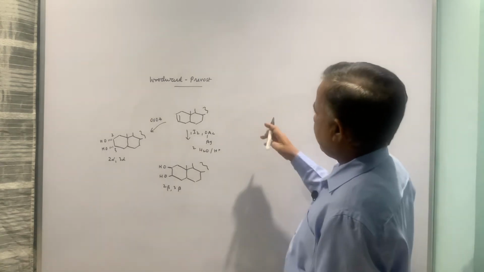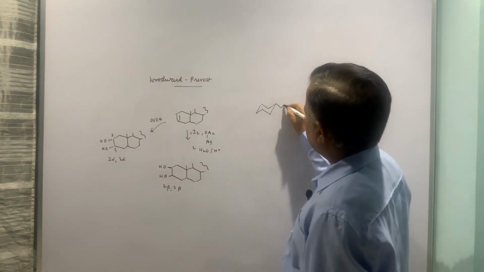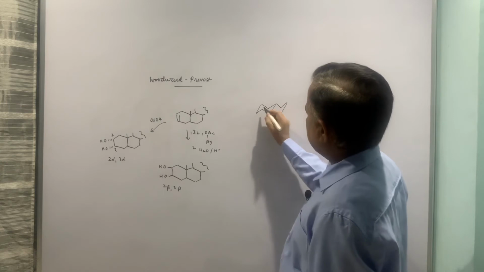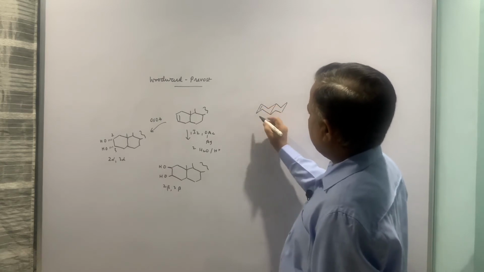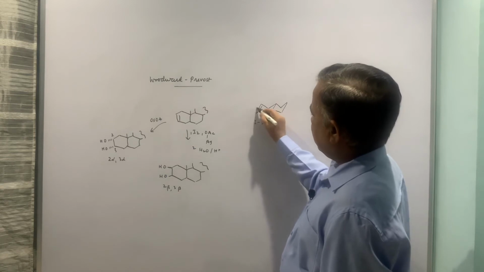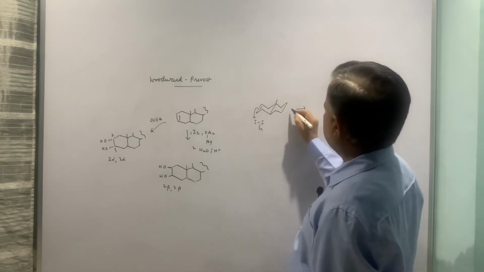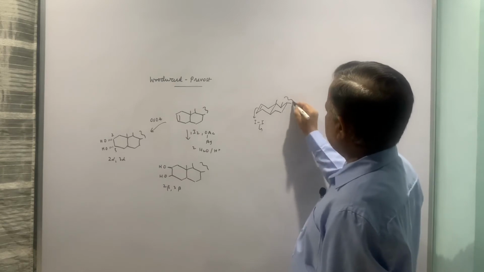So I'll just put it for you. The double bond can be shown like this. Iodine, the formation of iodinium ion, the other part is common.